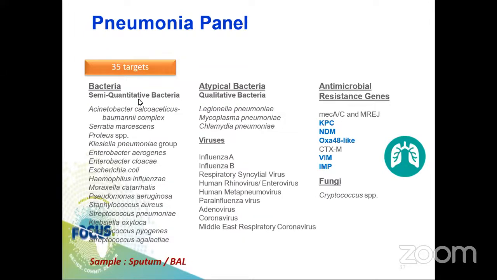So together with targeting all these organisms, and maybe it shows a positive for Staph aureus, you can quickly know again if it's mecA or mecC or MREJ. If it is maybe another organism, you can quickly tell within the antimicrobial resistance genes range that are available.